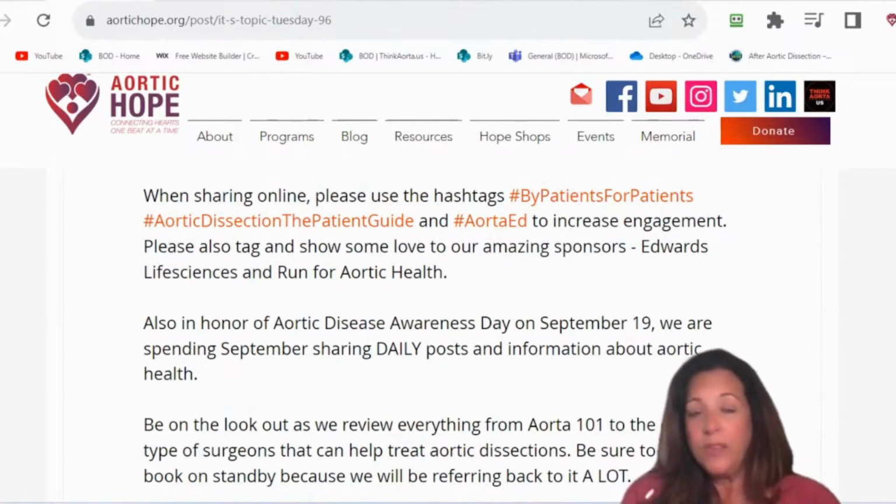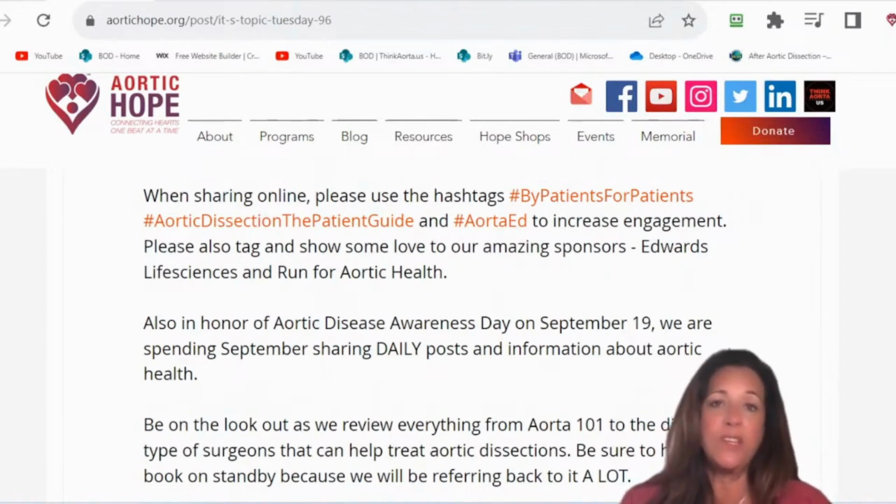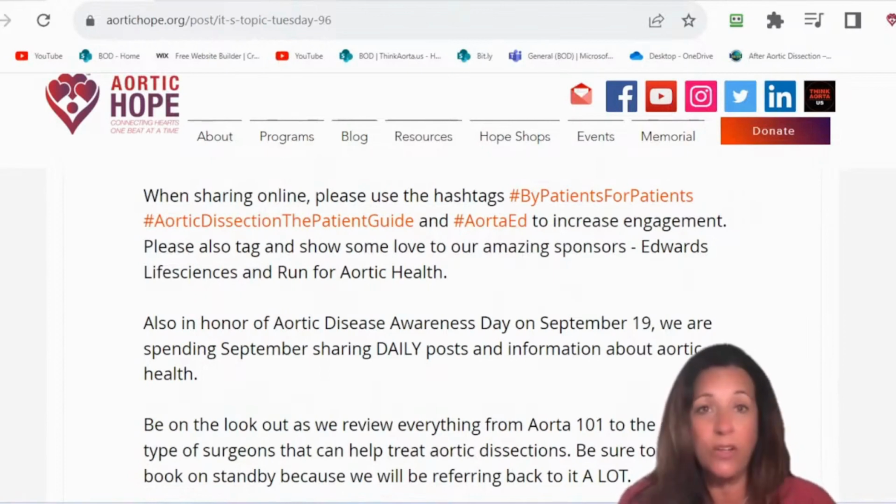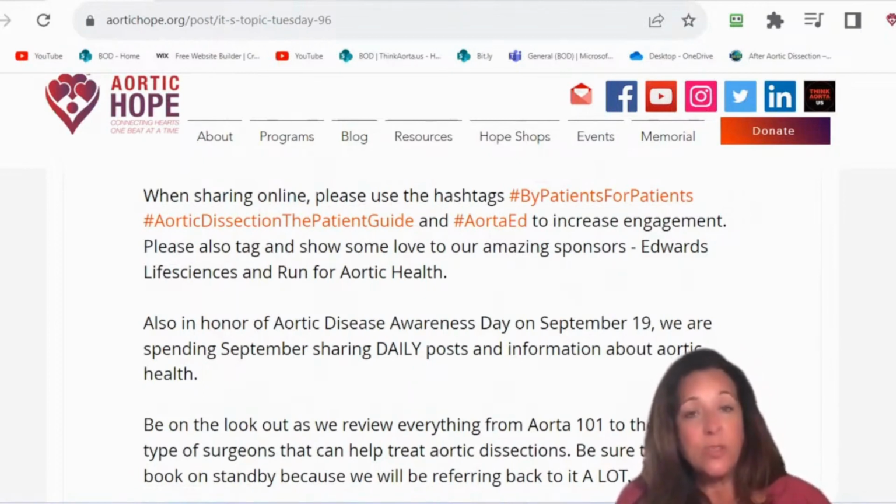Now, there are other organizations that focus their attention on the week of aortic disease awareness, primarily focusing on thoracic aortic aneurysm disease, which is great. Any awareness is great. Here at Aortic Hope, we take it back to basics. So we present an A to Z outlook here. We go over every bit of information: what is the aorta, what is an aneurysm, what are the different types, what is a dissection?